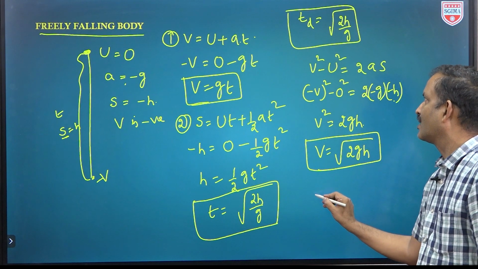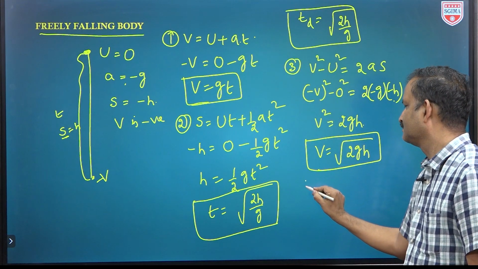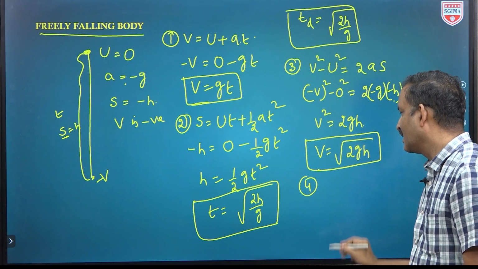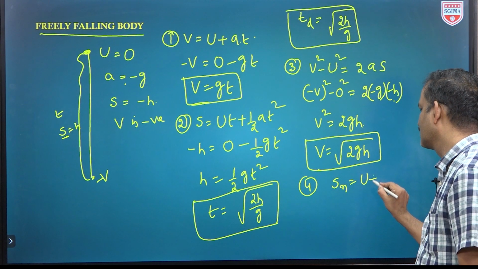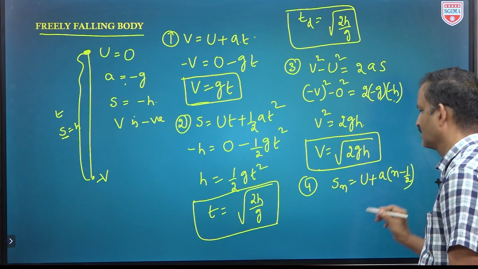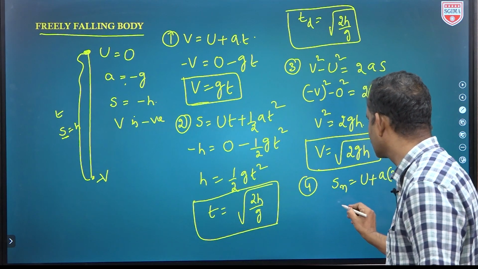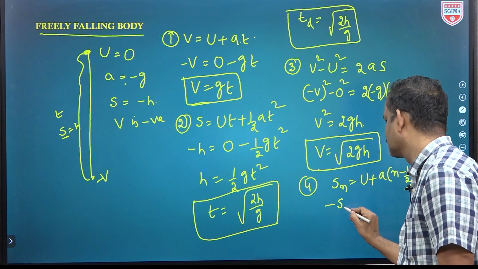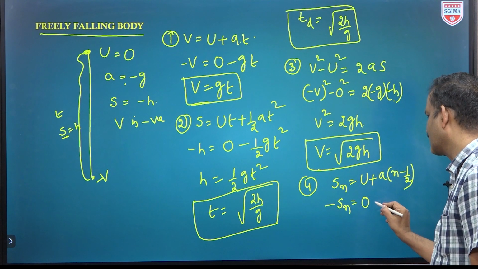Now, fourth formula we have. This is third formula completed. Fourth formula: distance travelled in the nth second, Sn is equal to u plus a into n minus half. Sn, displacement in the nth second, is also a negative, downward quantity. u is 0, a is also negative.